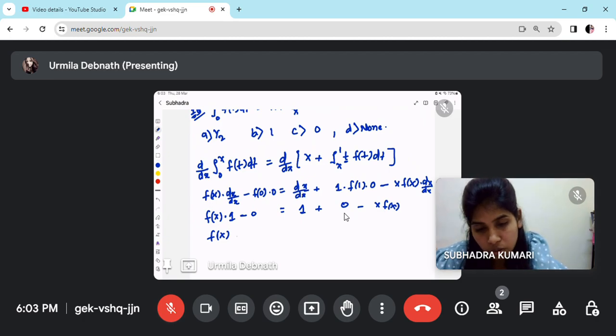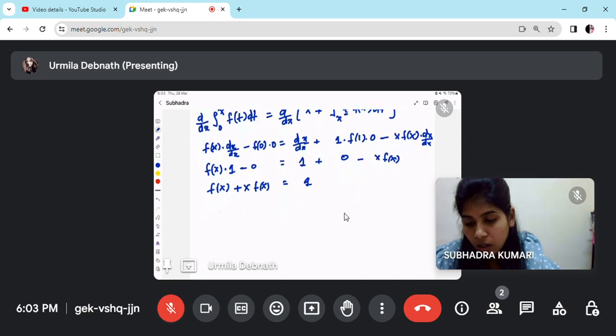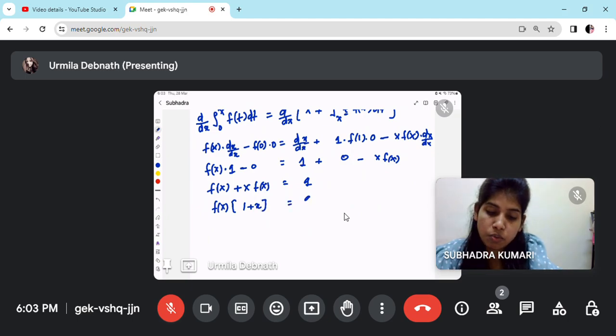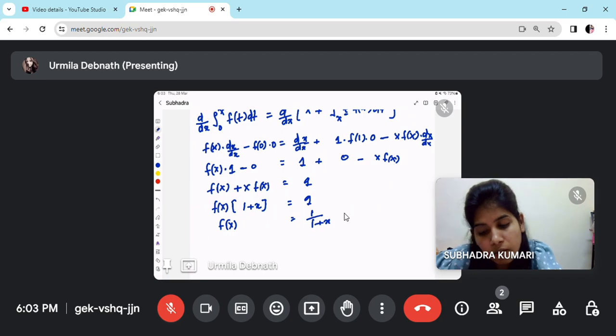So that is f of x plus x f of x equals 1. Take f of x common: f of x times 1 plus x equals 1. Now f of x is equal to 1 upon 1 plus x. This is f of x.